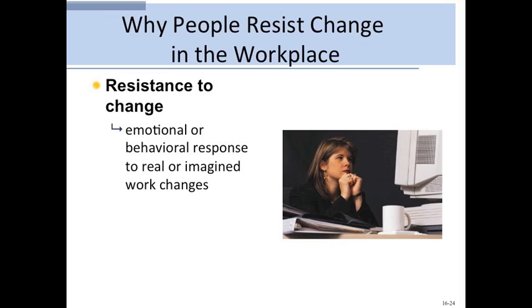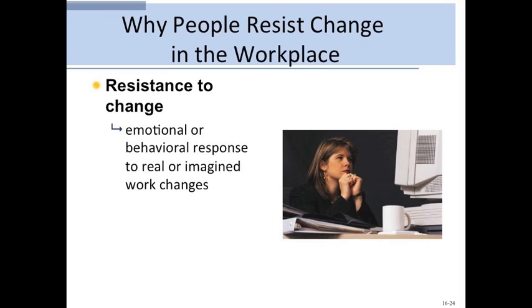So it can be actual real change where something is going to happen, or it can be some type of imagined change where I believe that something is happening or something is likely to change, but it really isn't occurring objectively. So resistance to change is that emotional behavioral response, and it can be as passive as somebody just saying, I'm not going to try to step in the way of the change.